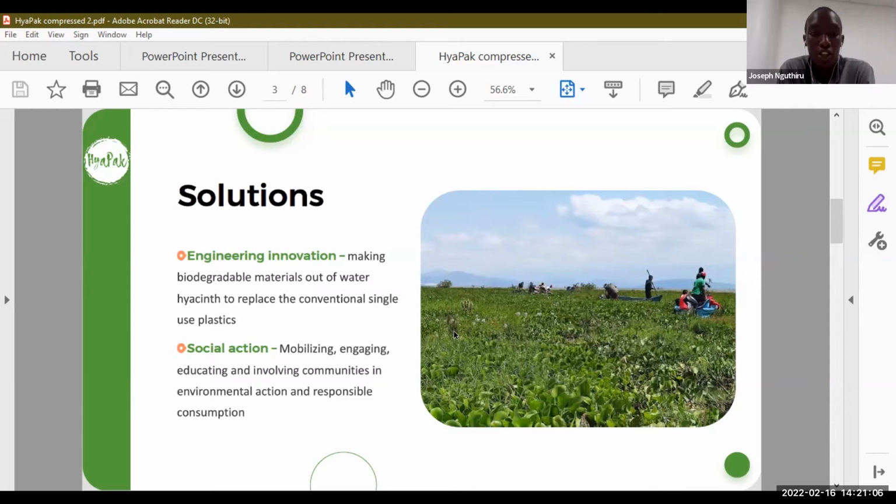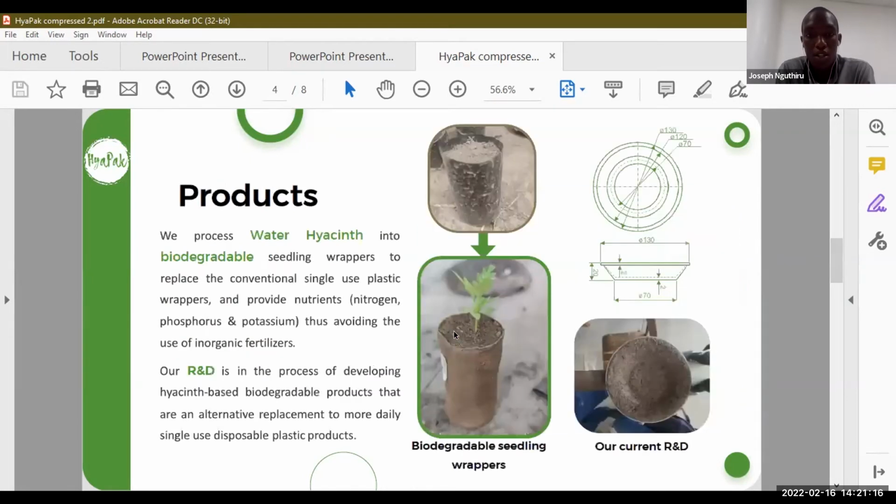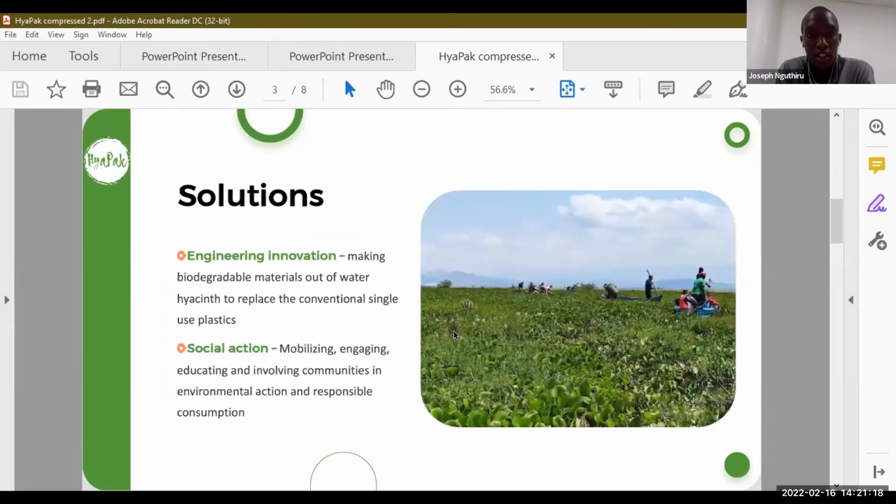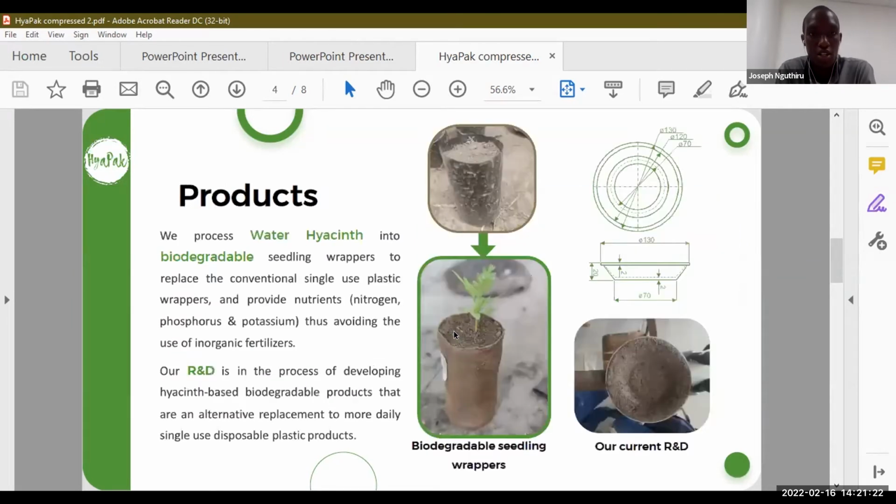And in social action, you're going to be engaging communities and mobilizing people about responsible consumption and disposal. I'll be tackling the engineering innovation, and my friend Charles will be taking on the social action.